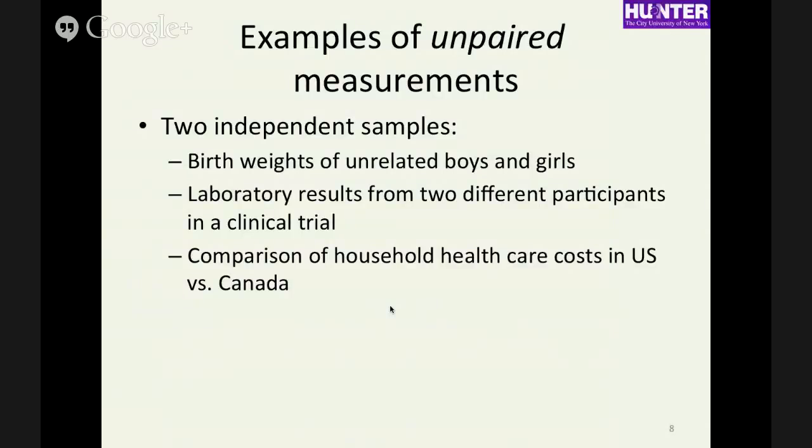Or if you're going to take samples of households and how much they spend on healthcare in the US and in Canada, definitely unpaired independent samples. So in each of these cases, there's no relationship between your observations that you're comparing. They're separate individuals, they are independent.